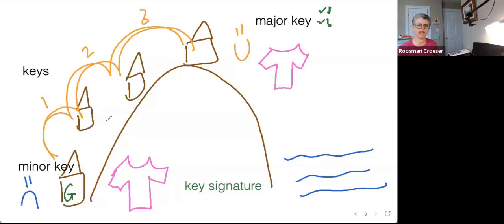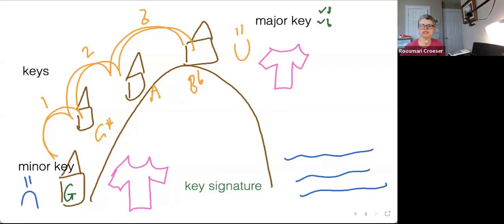Going up a half tone, from G we go to G sharp, we go to A, and then we go to A sharp or B flat. But remember, we want the next alphabet letter, so we're going to go to B flat.